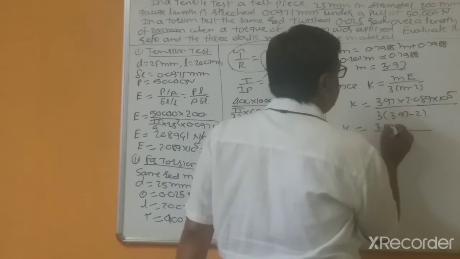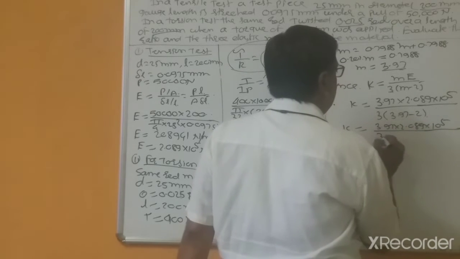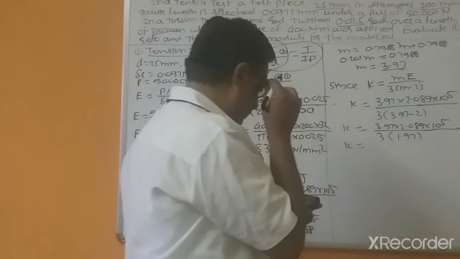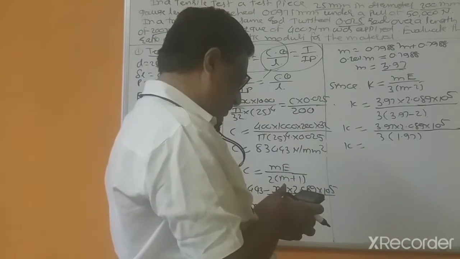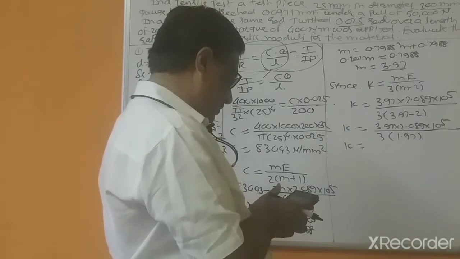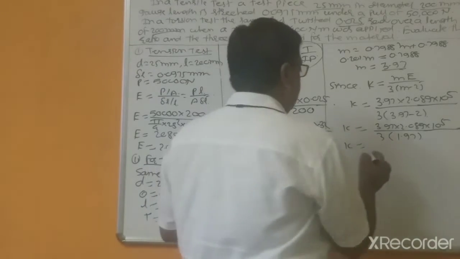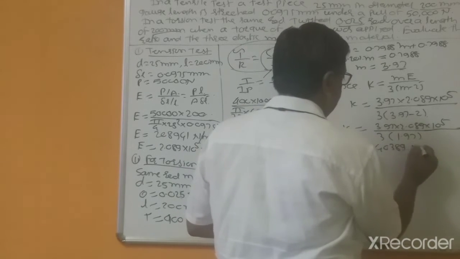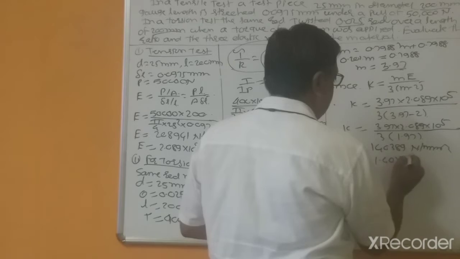So this is 3.97 into 10 to the power 5, and this is 1.97 into 2.089 into 10 to the power 5 divided by 3. So this is equal to 140,389 Newton per mm square, or K equal to 1.4 times 10 to the power 5.